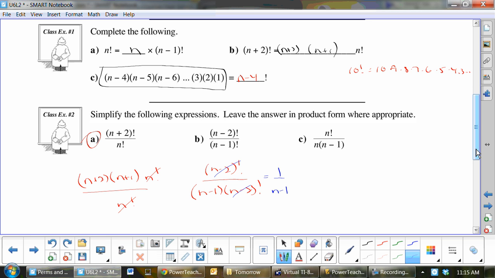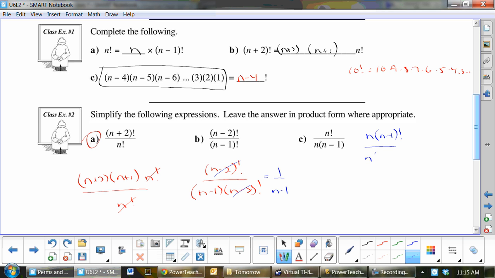Okay. C, top or bottom, which is bigger? The top's bigger. So let's rewrite the top. Just count down. The first number would be n. What would be the next one? N minus 1. Now, should I just stop there? If I stop there, I have to put that.